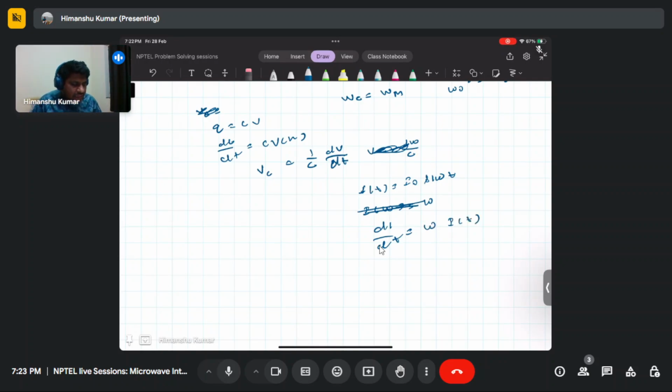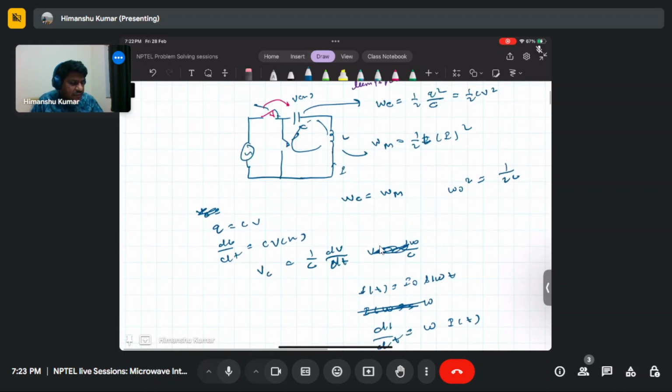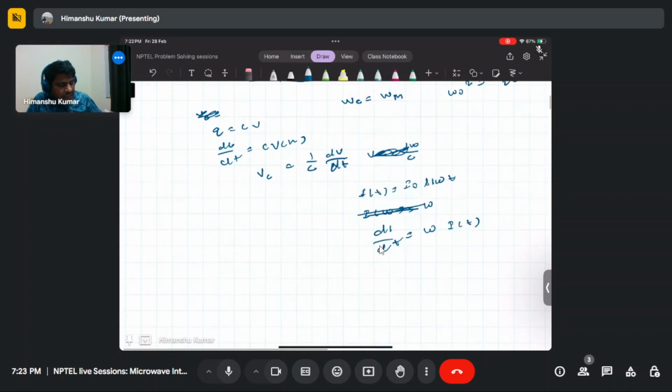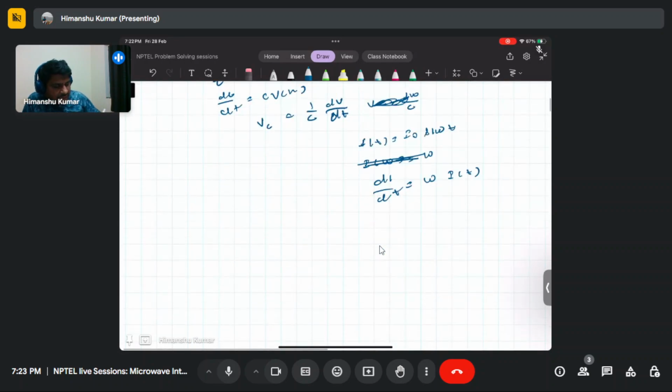Now you can write in terms of the electric energy: omega squared times C times I of t square equals half times L times I of t square, where the half term gets cancelled.